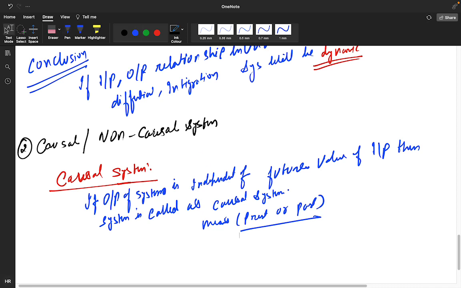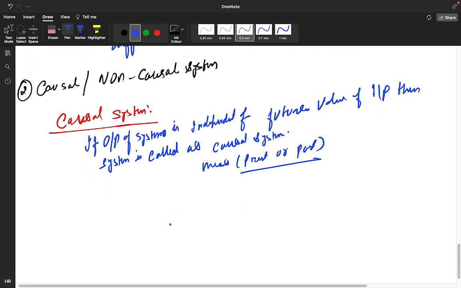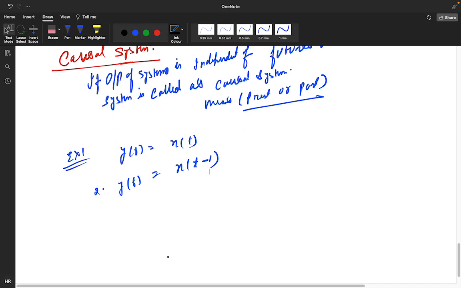For example, example 1: y of t is equal to x of t, which means it depends on the present value. Second example, y of t is equal to x of t minus 1, so it depends upon the past value, but no future value.